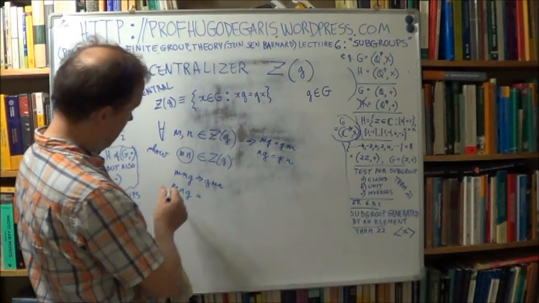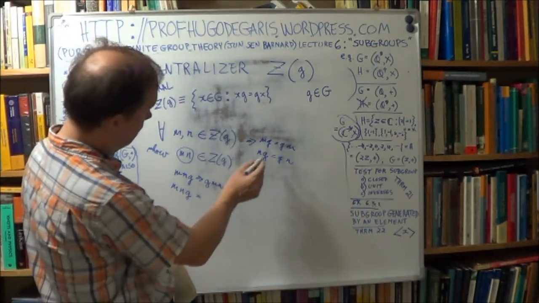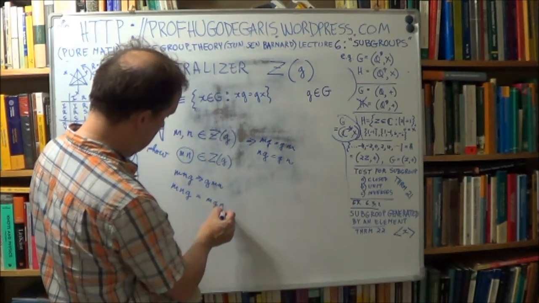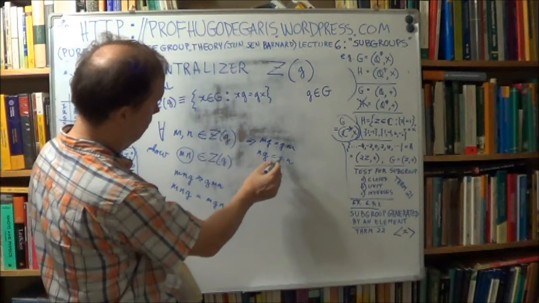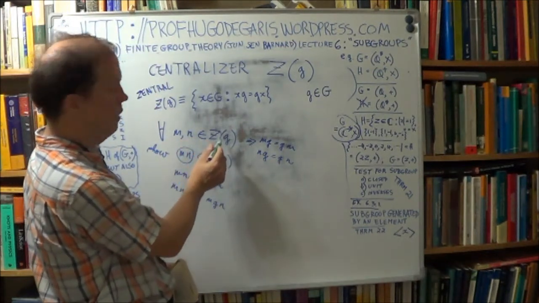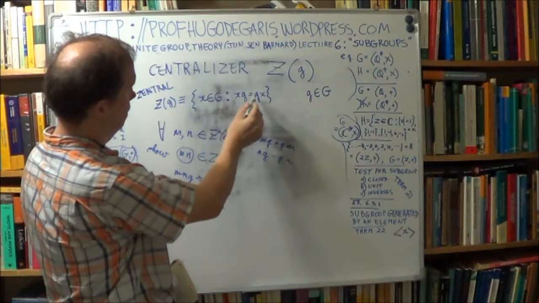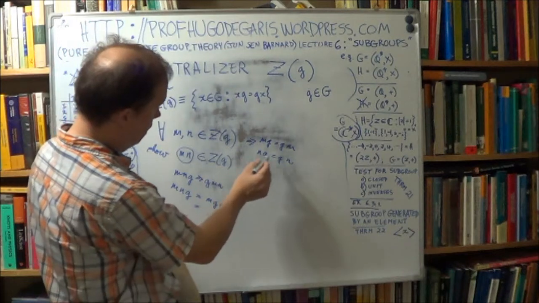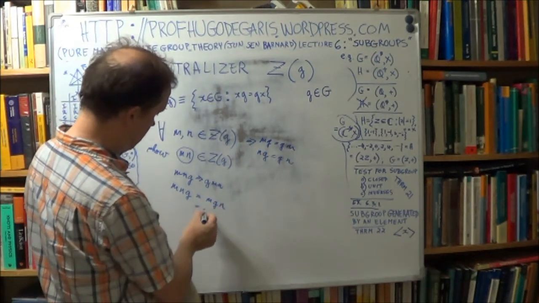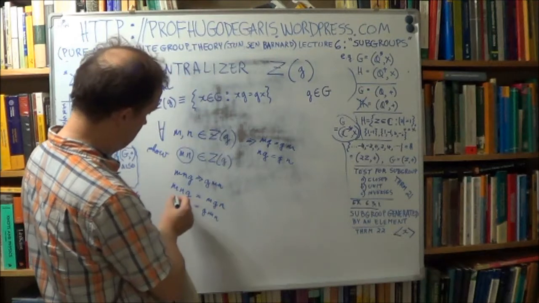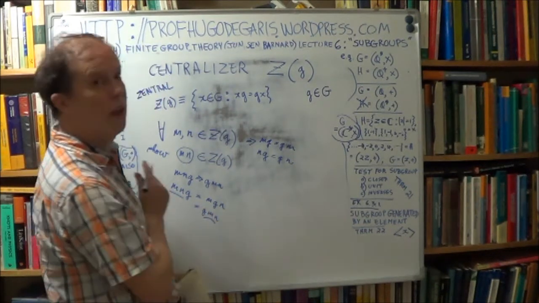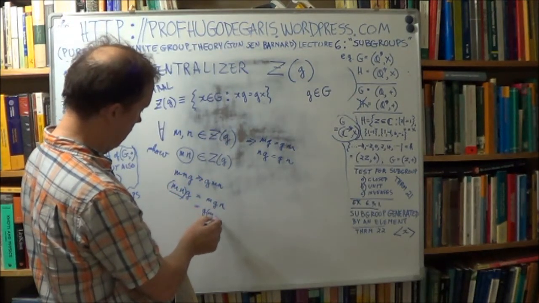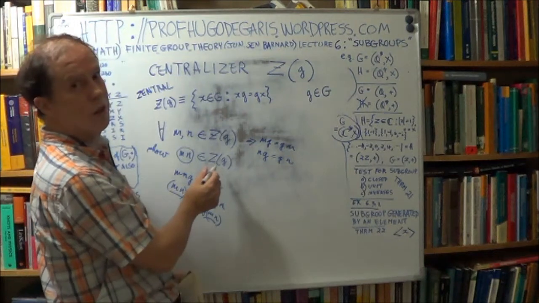Mng: now ng is gn, because n belongs to the centralizer. So that's mgn. Now mg is gm. So it's gmn. And there it is. So mng equals gmn. We've proved it. So mn belongs to the centralizer.